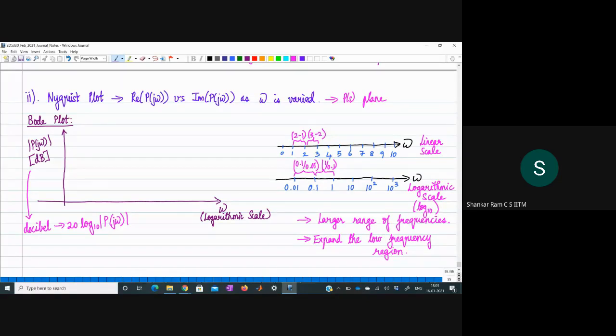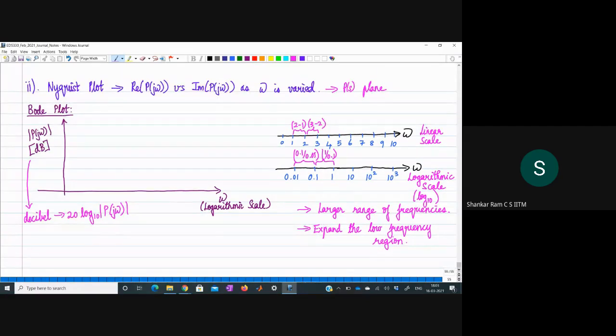All right. So what do I mean by expanding the low frequency region? Because even if we look at the above plot, if I want to plot 0.01, 0.1 and so on in this linear scale, you will see that I need to go very, very close to 0, right? So then the question becomes, how do I even visualize that? It will become pretty challenging, right, to visualize that.